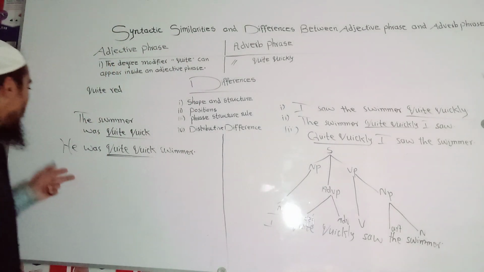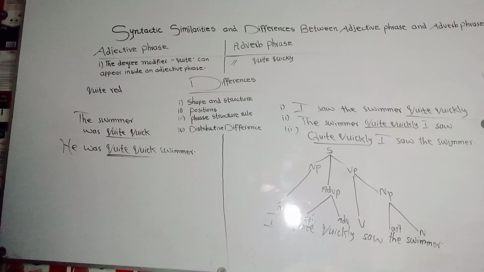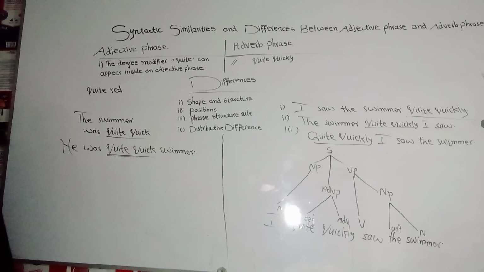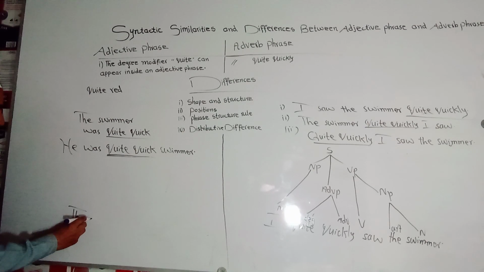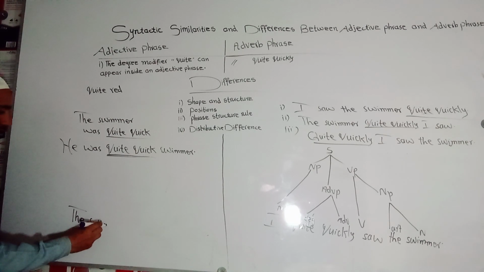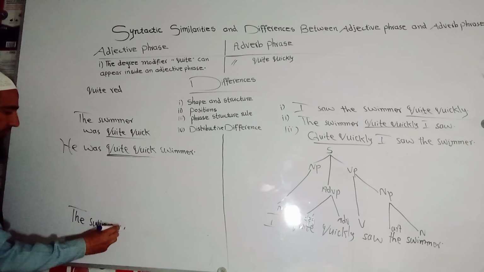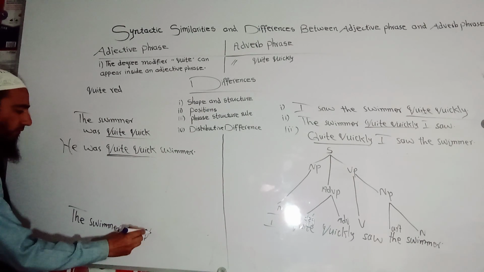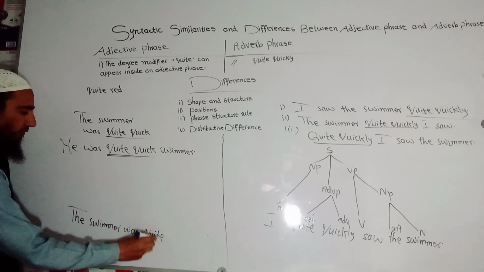Whenever we are talking about the structure for the adjective phrase, I'm going to draw the structure for the sentence: the swimmer was quite quick.